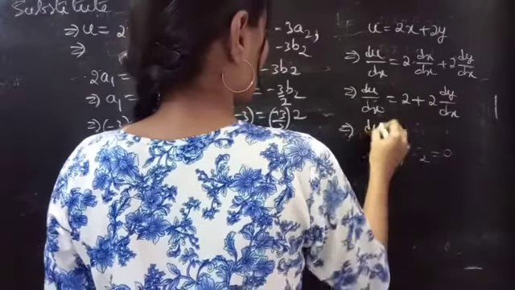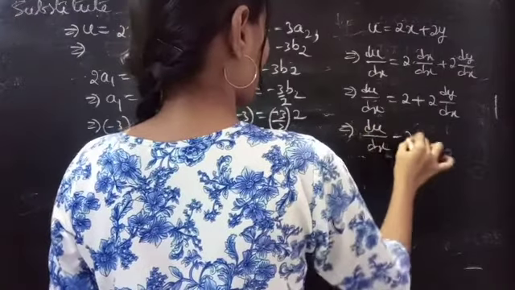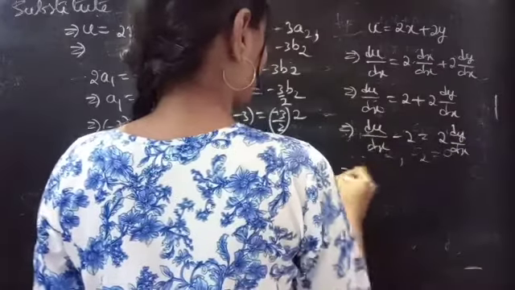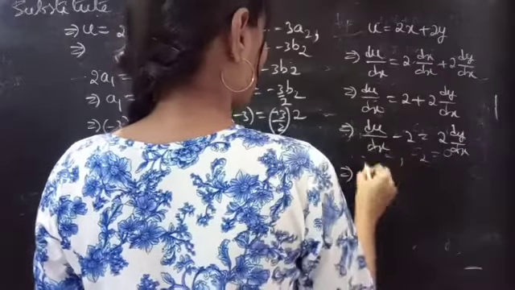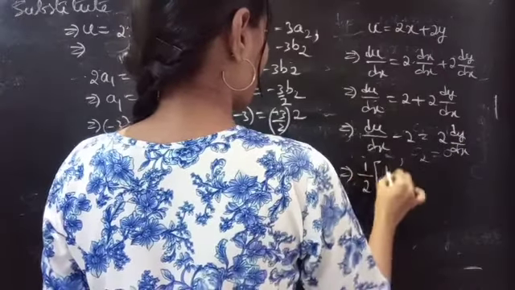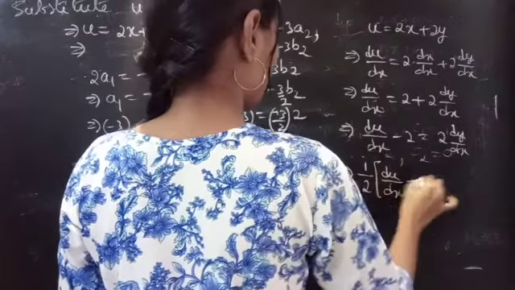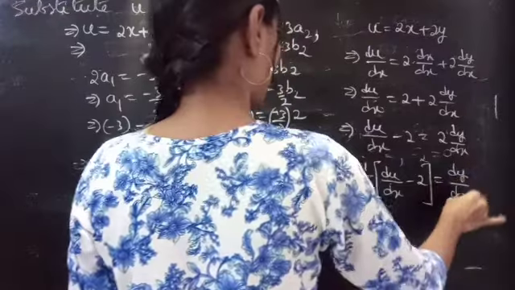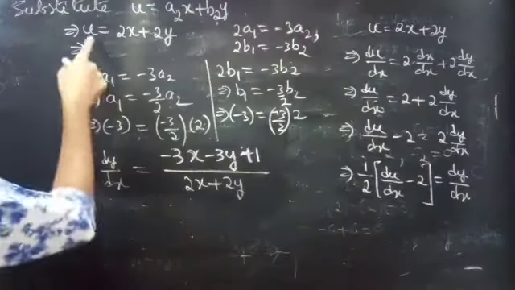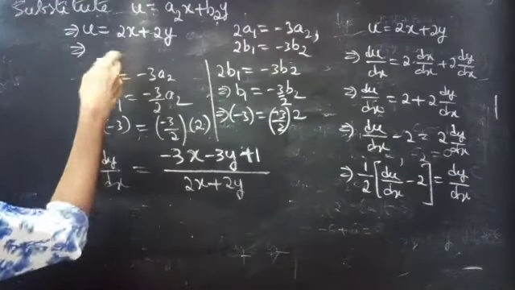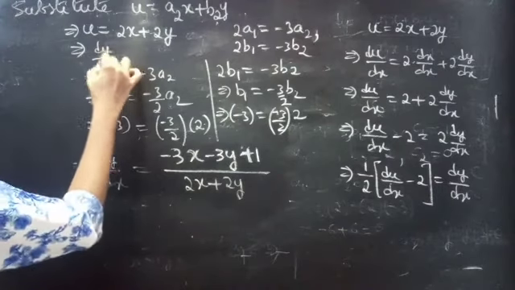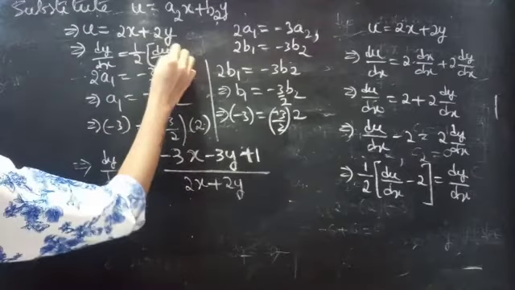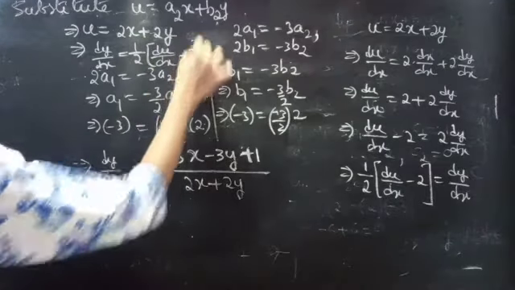Then du by dx minus 2 equals 2 into dy by dx. Taking this 2 to the left-hand side, you'll get dy by dx equals 1 by 2 into (du by dx minus 2).